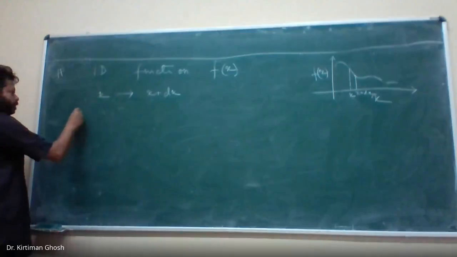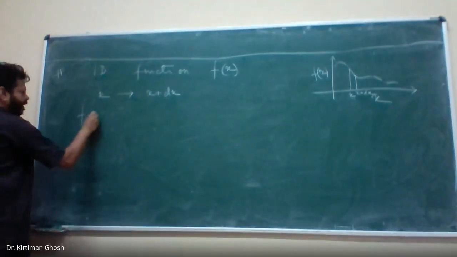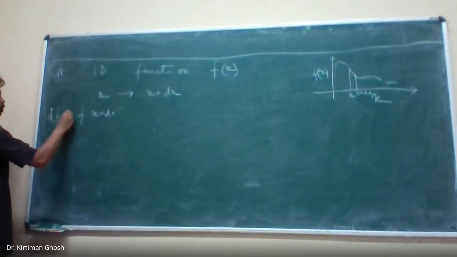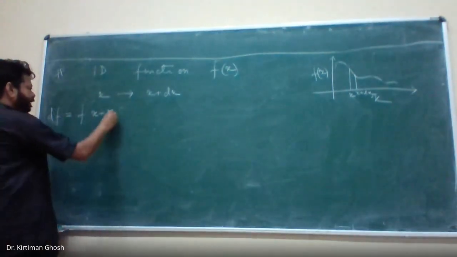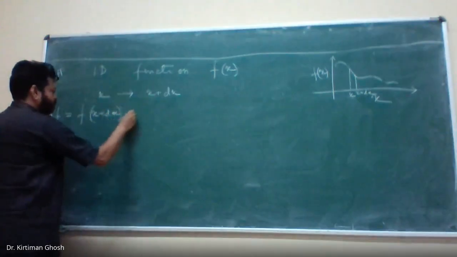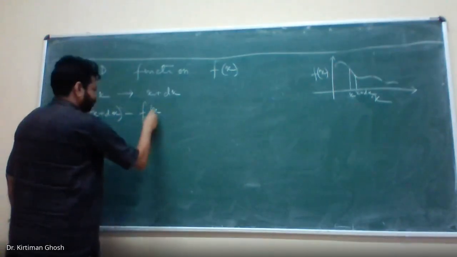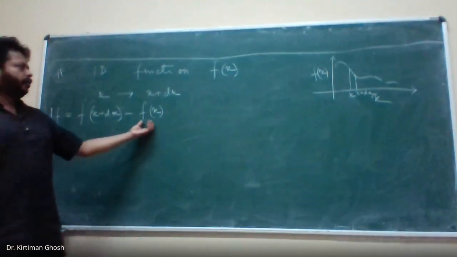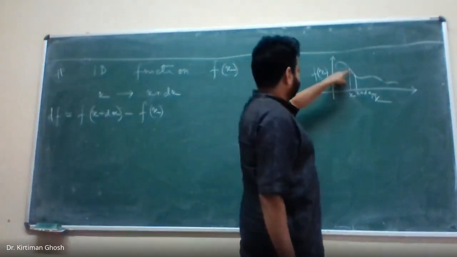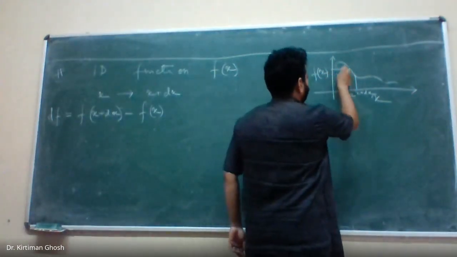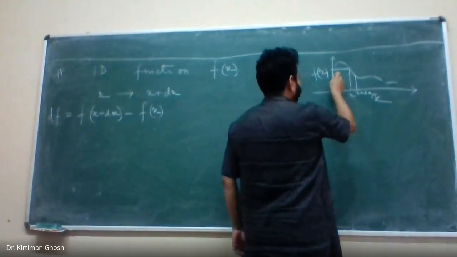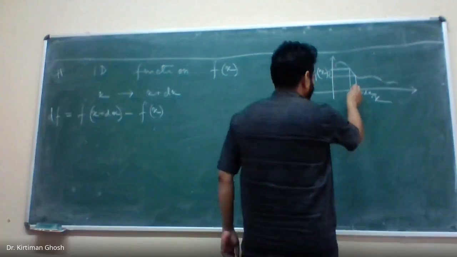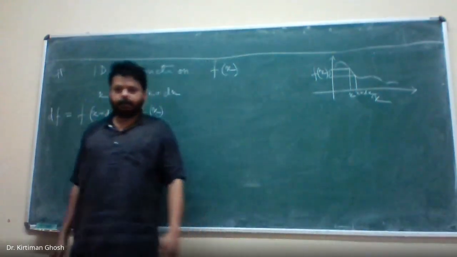The change in the function, df, should be equal to the function at point x plus dx minus the function of x. This is f(x), and this is f(x plus dx). So this is the change in f as I go from x to x plus dx.